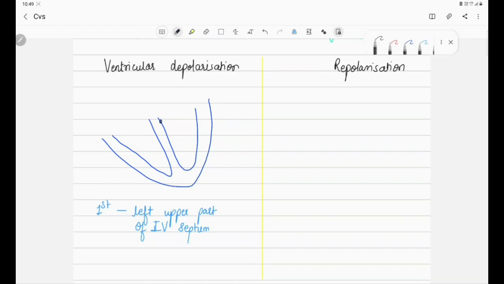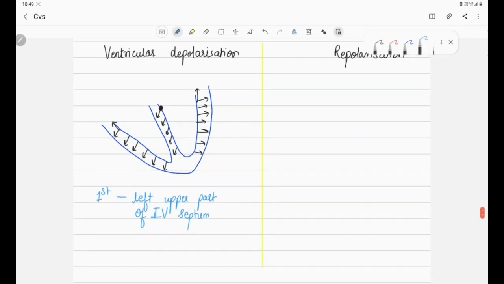So here this part gets depolarized first, then it moves from left to right in septum, then endo to epicardium, and then to the base. So we can write it as in septal region, the depolarization is from left to right and from endocardium to epicardium. And the last part to depolarize is the base and the epicardium of the base.